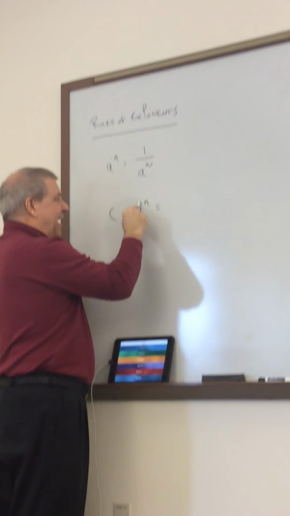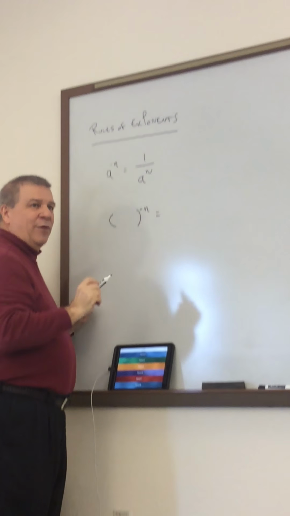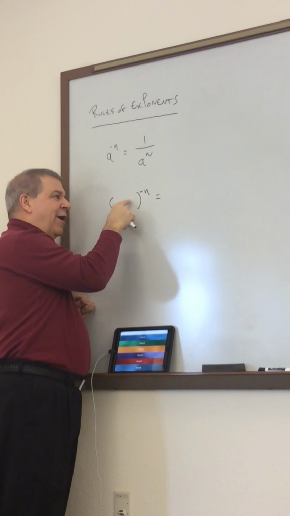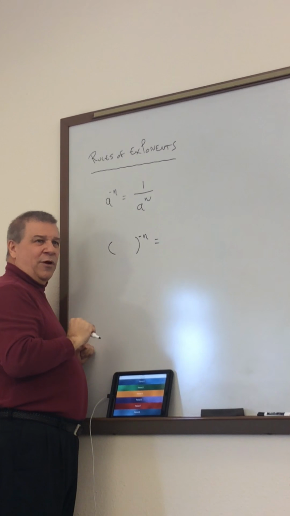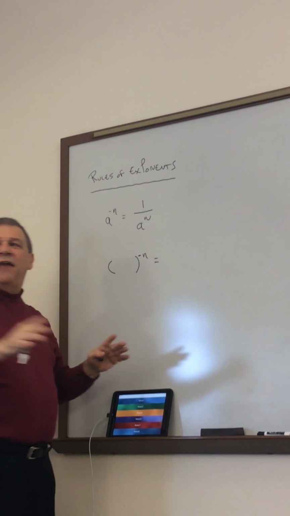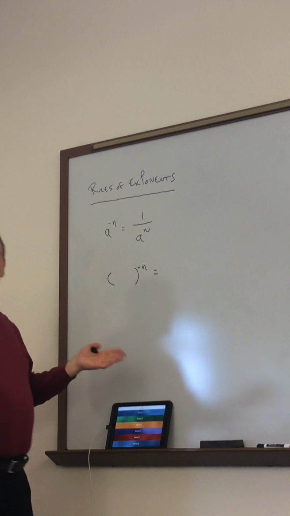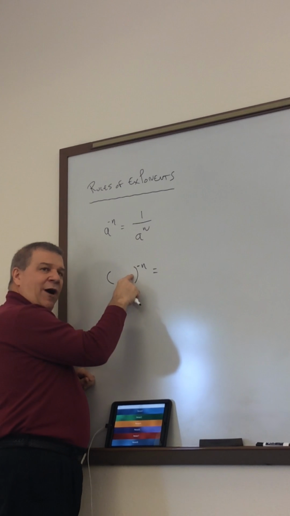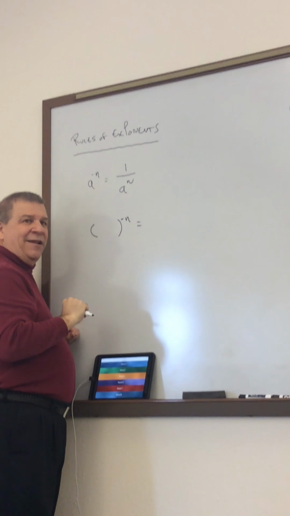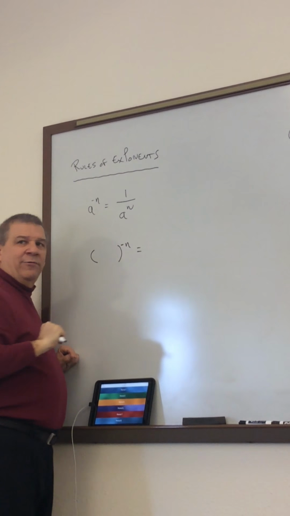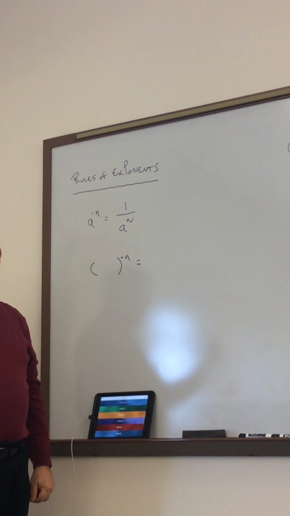Now you want to get this down, because tomorrow this is going to be even more important. What if you have a quantity to a negative power? Now, you're sitting there probably wondering, well, what's in the quantity? I don't care what's in the quantity. If you have some quantity of whatever with a negative power attached to it, how do you think I want you to write that? You want to do this right away.